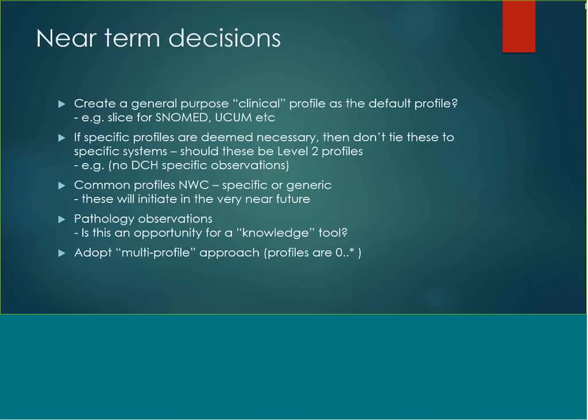If specific profiles are deemed necessary, and at the moment, the only reason I can think that they would be is to suit validation, and that would be dependent on each program that's coming forward as to what their specific requirements are, then we shouldn't do what we have done. So at the moment, we have created things like head circumference, a digital child health head circumference. Well, as far as I'm aware, there's nothing special about a digital child health head circumference than there is about any observation which is a head circumference. So we shouldn't lock these away as level 3 observations, in my opinion.